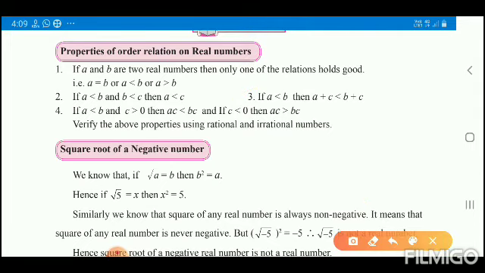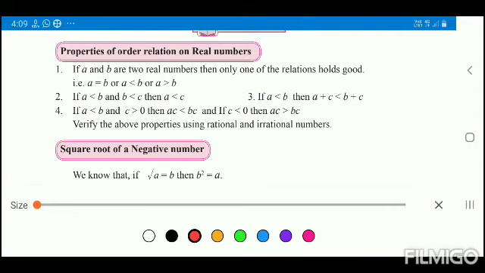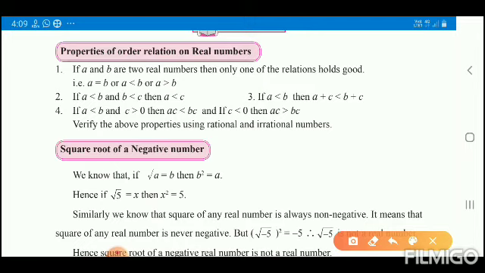Now we'll see the fourth property, that is, if a is less than b and c is greater than 0, then a into c is less than b into c. First we'll see this property. Suppose 2 is less than 3, and c is greater than 0. c greater than 0 means you can take any value from 1, 2, 3 and so on.